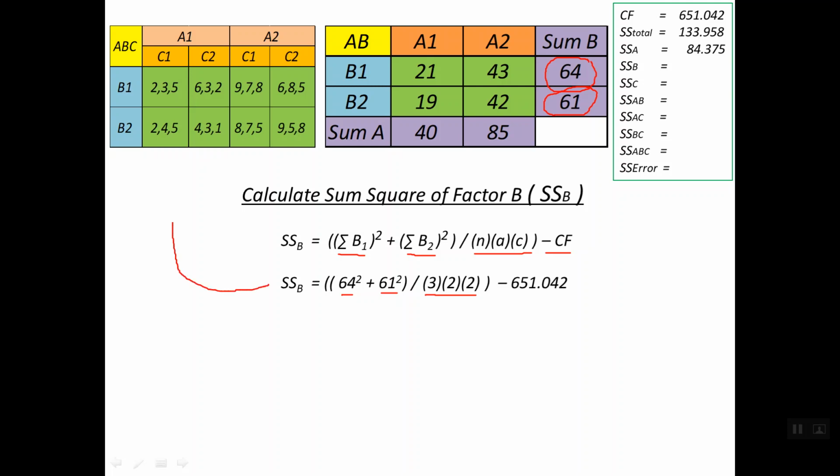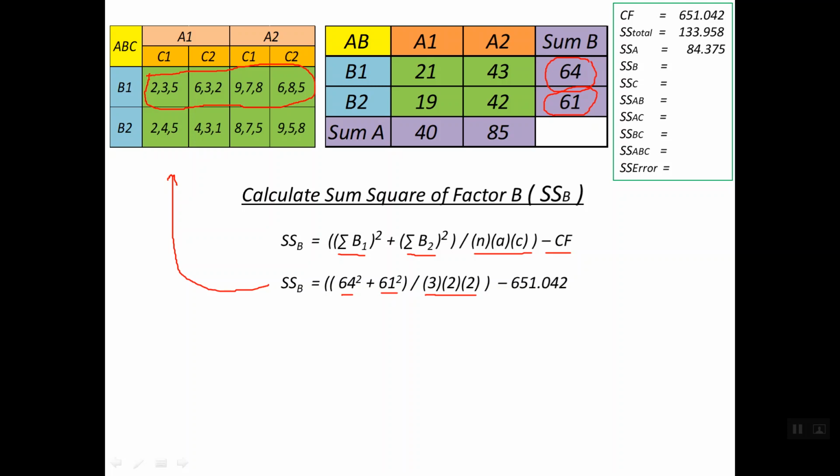Let's return back to the main table in order to count the number of observations, for example, in B1. The data related to B1 is all of these data. The sum of all of these observations gives 64.